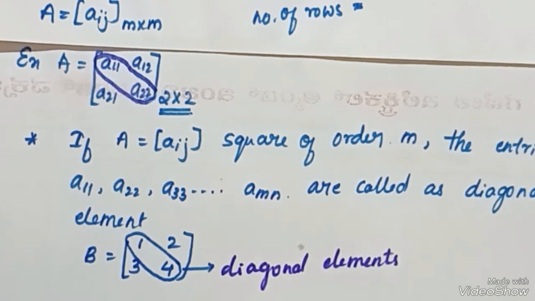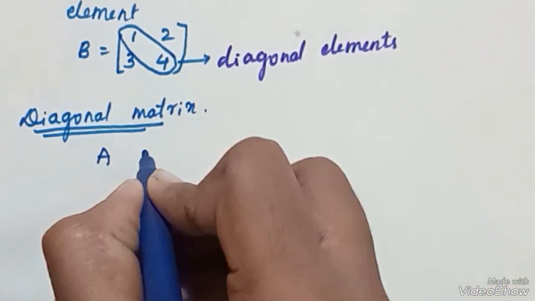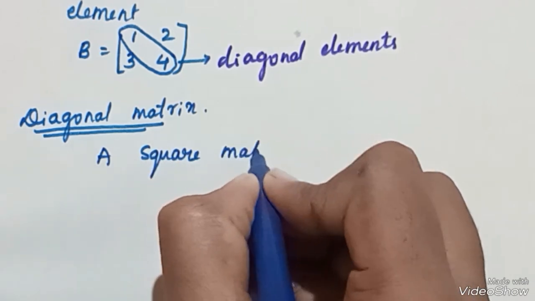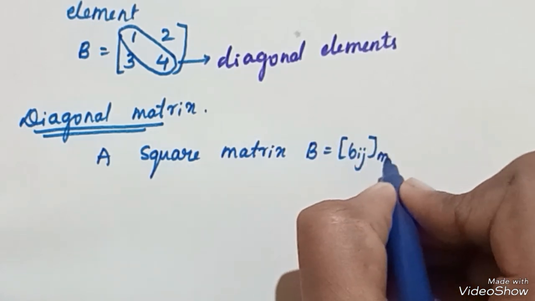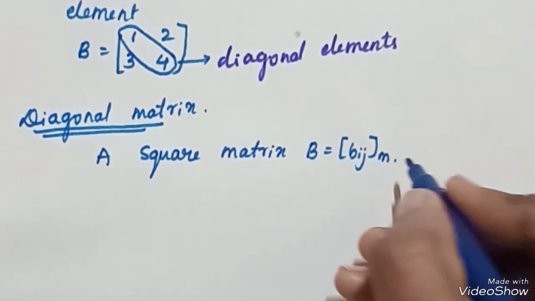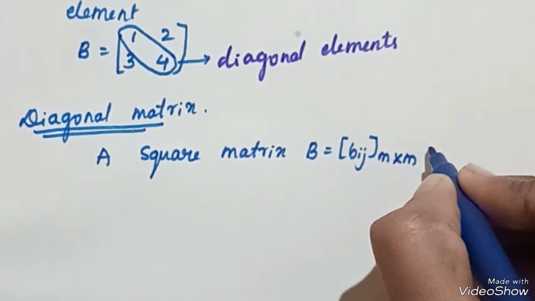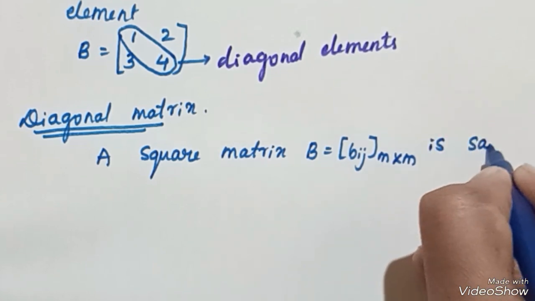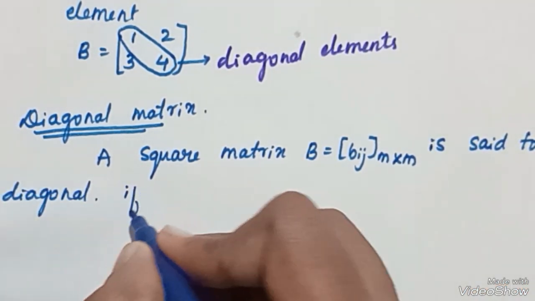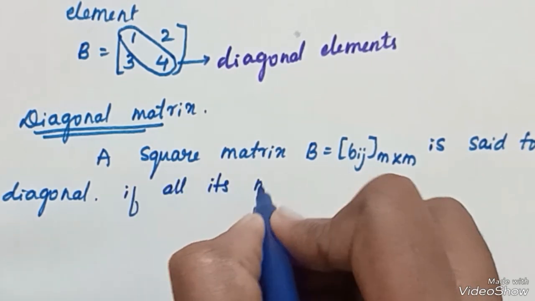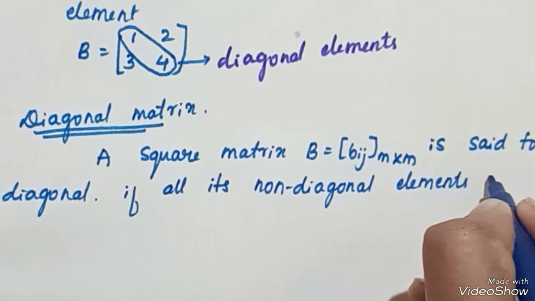Definition of the diagonal matrix: a square matrix B with elements Bij of order m cross m, because the number of rows and columns are equal, is said to be diagonal if all its non-diagonal elements are zero.